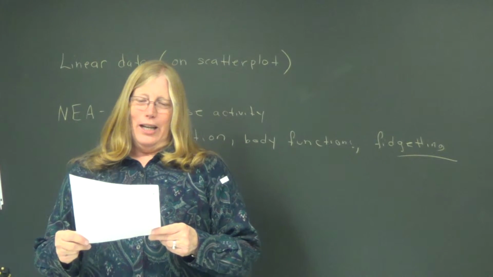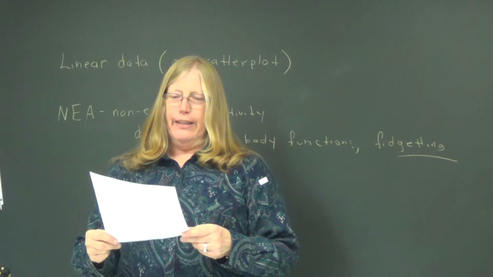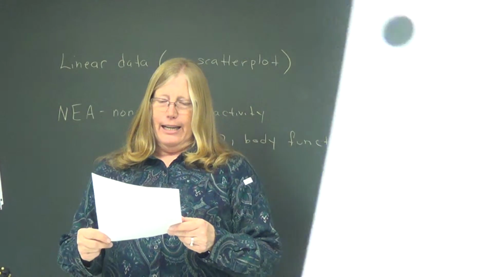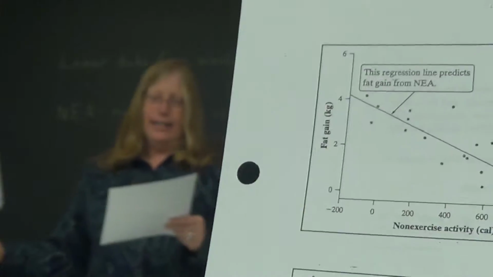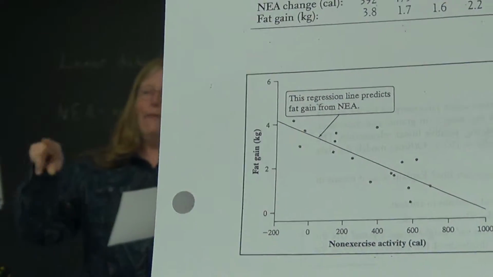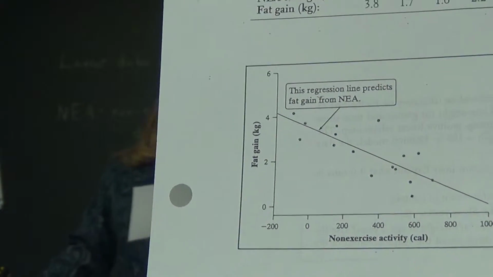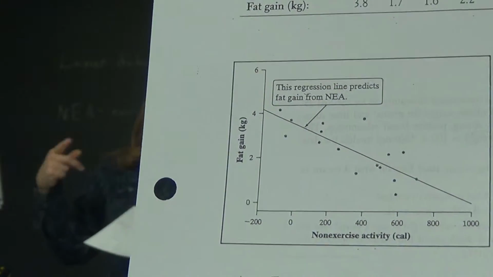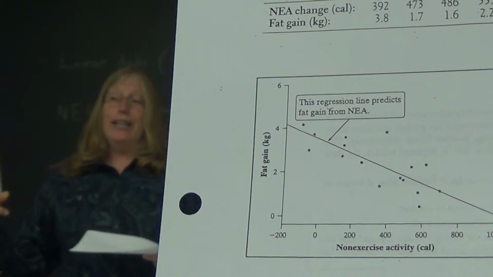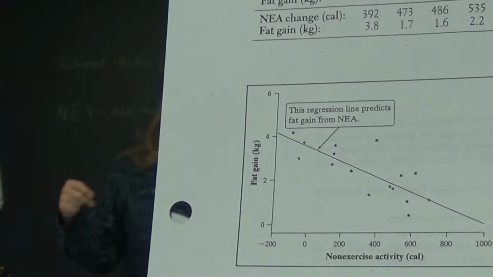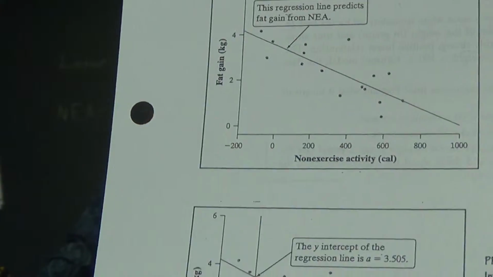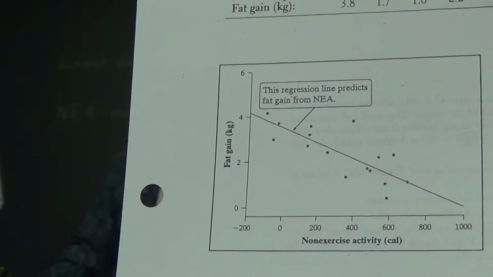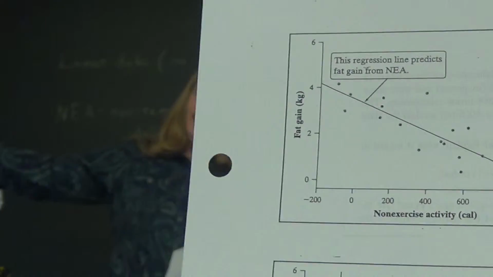So notice what happens when they graph the data. They're looking at non-exercise activity along the explanatory x-axis, and they're looking at the fat gain. If you're overfed for 8 weeks, you're expecting quite a bit of fat gain. But what happens here as NEA goes up, what happens to fat gain?